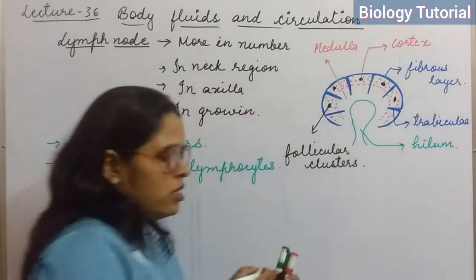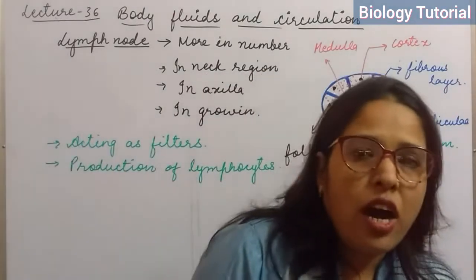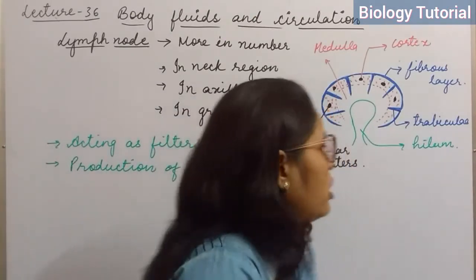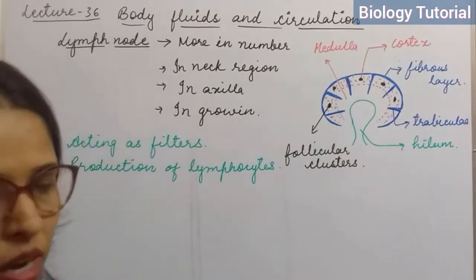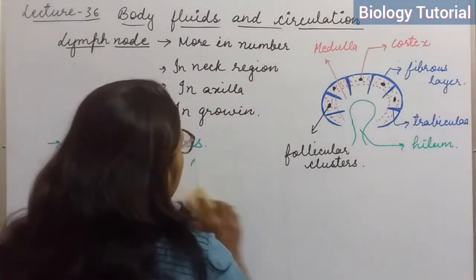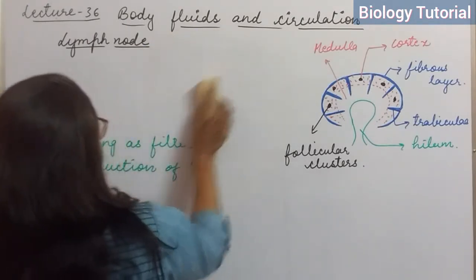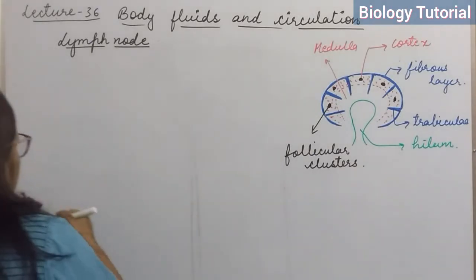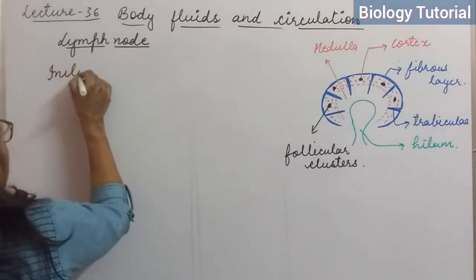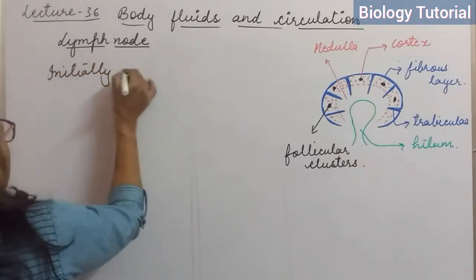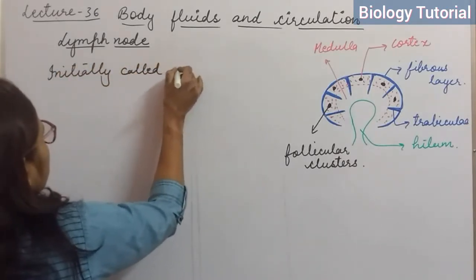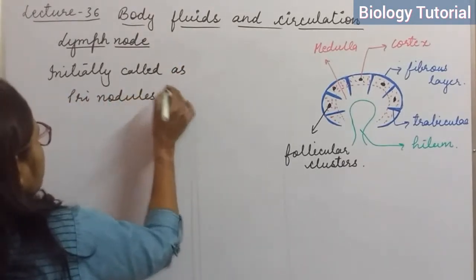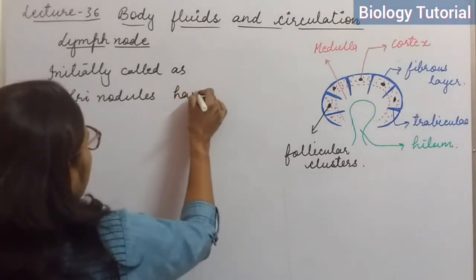These follicular clusters at the initial stage are called primary nodules, and these primary nodules have lymphocytes.